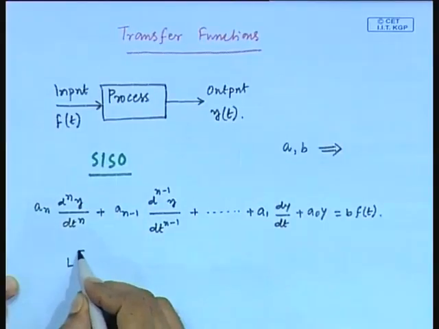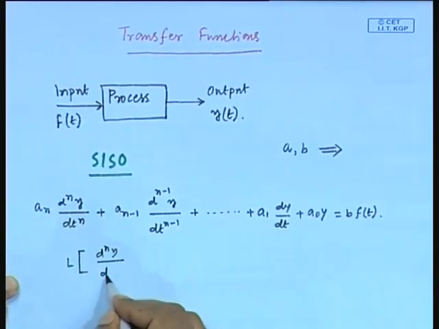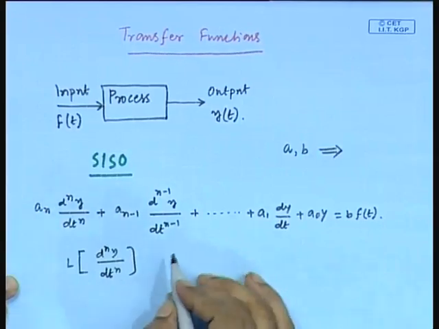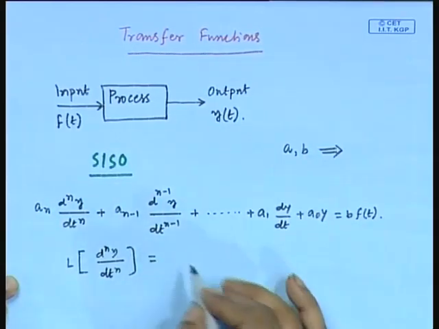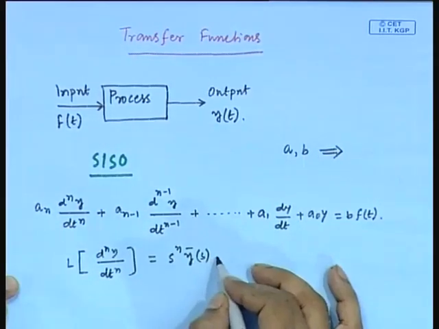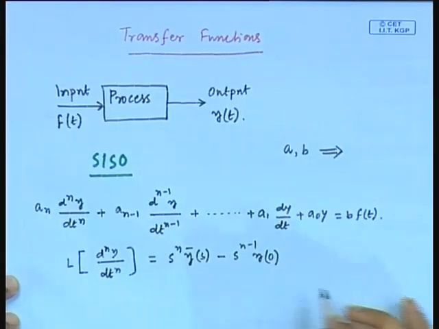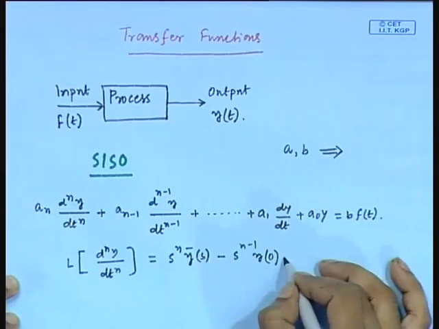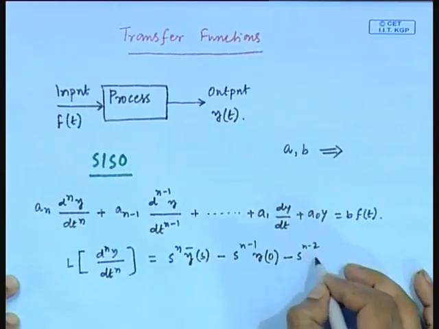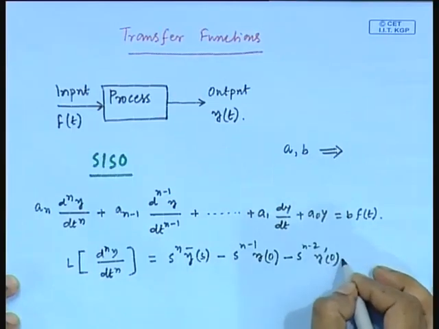Fine. What is the Laplace transform? If we consider the Laplace transform of this d^n y/dt^n, this is equals to s to the power n y bar(s) minus s^(n-1) y0 minus s^(n-2) y'0, like this.